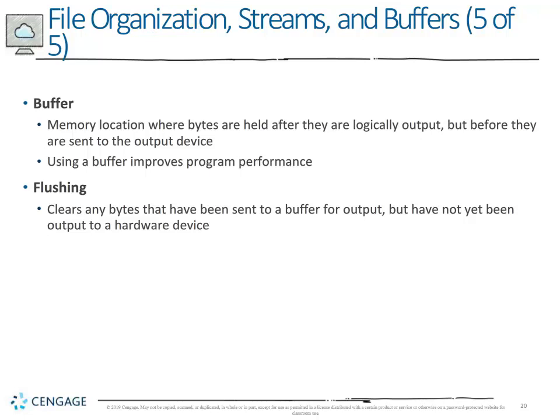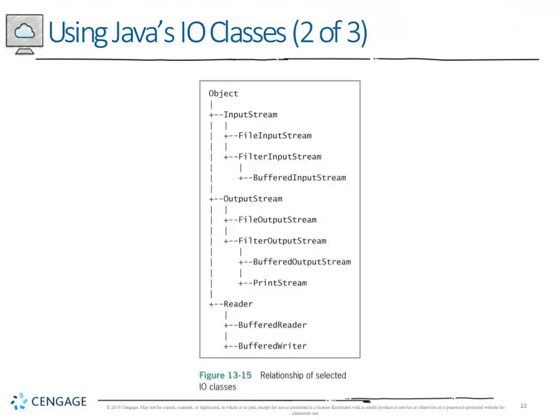Flush clears any bytes that have been sent to a buffer for output but haven't yet been output to a hardware device. This figure shows a partial hierarchy of some of the classes Java uses for input and output operations. It shows that InputStream, OutputStream, and Reader are subclasses of the Object class. All three of these classes are abstract, so they contain methods that must be overridden in their child classes.